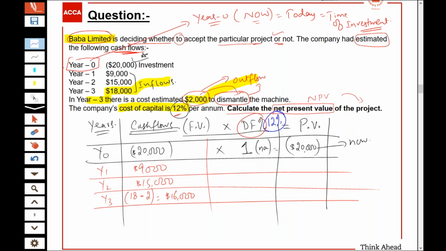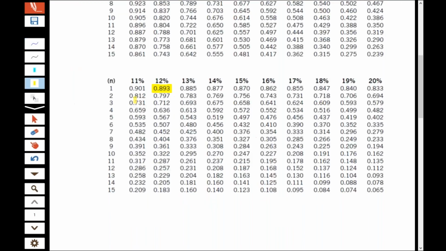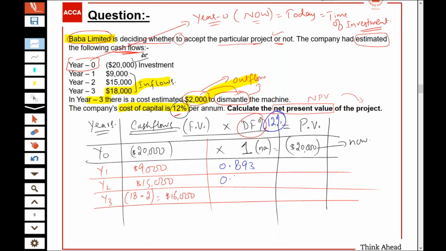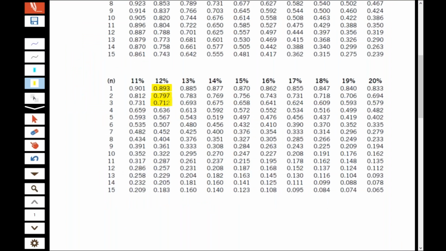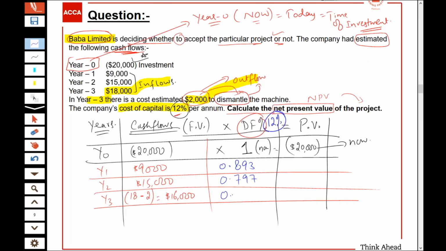Year 1 is 0.893, year 2 is 0.797, year 3 is 0.712. These all are my discount factors.